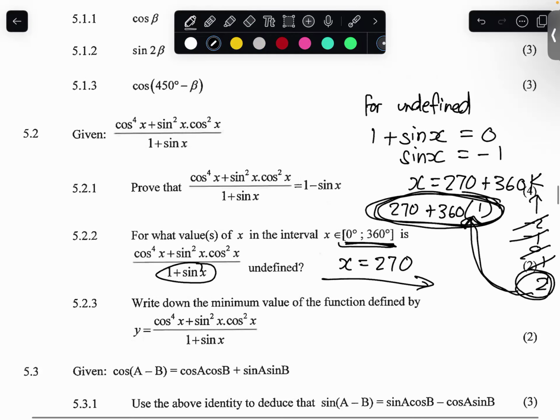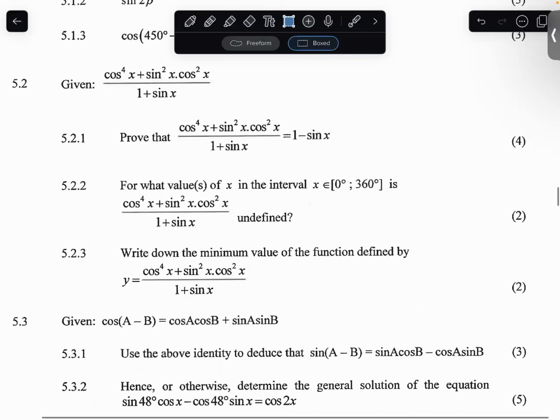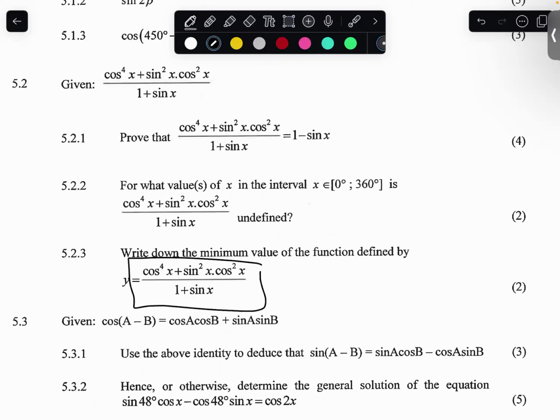All right. Okay. And then it says, write down the minimum value of the function defined by all of that. Now, we simplified this to this, right? And I told you in one of the previous question papers, that whenever they ask you for minimum and maximum in trigs, you have to simplify whatever they are giving you to look like a trig function equation.